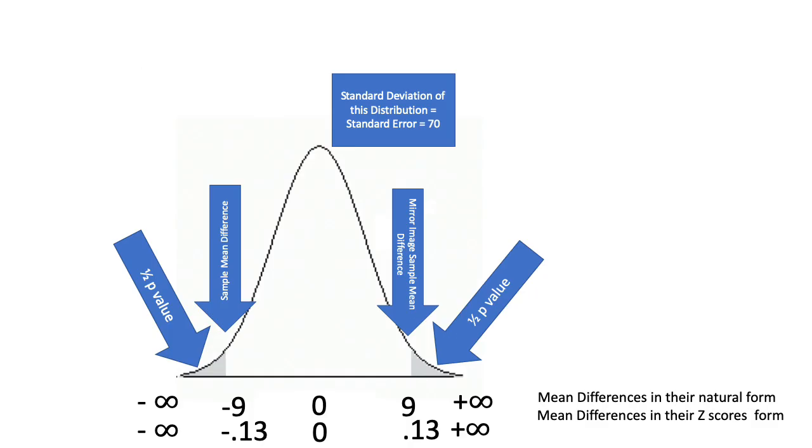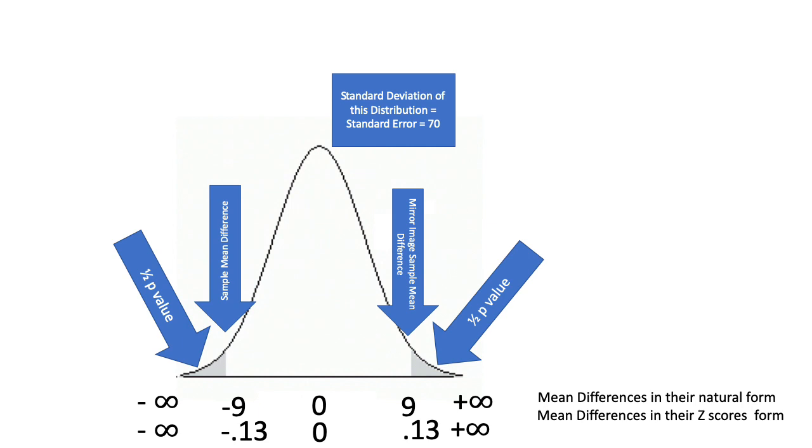So what I've done here, you'll notice I've added a z-score number line to our p-value problem and our random sampling distribution of mean differences. I've done that just to show you that I've converted this mean difference of -9 to a standard z-score of -0.13, right?